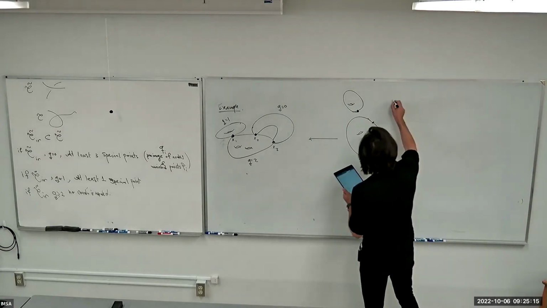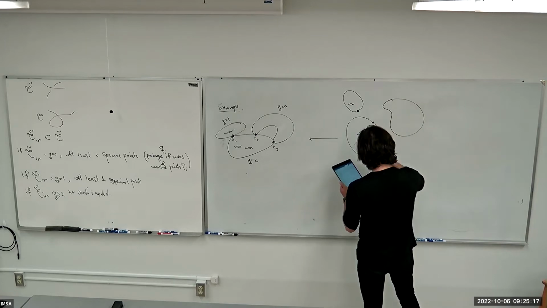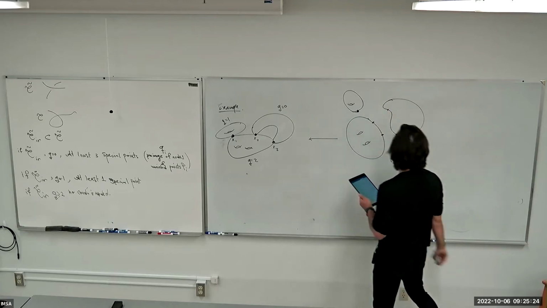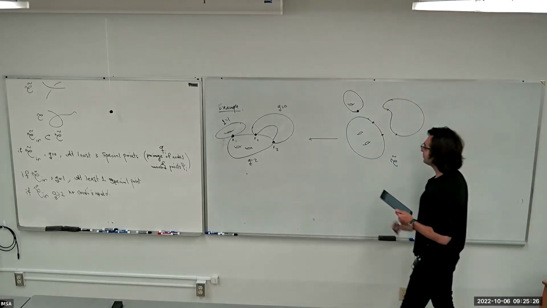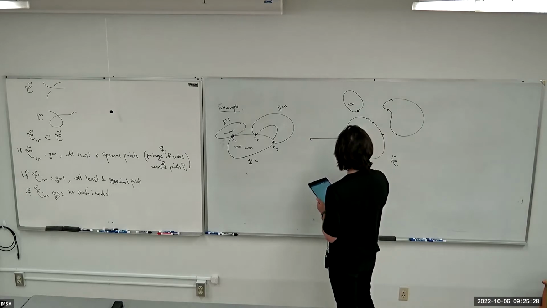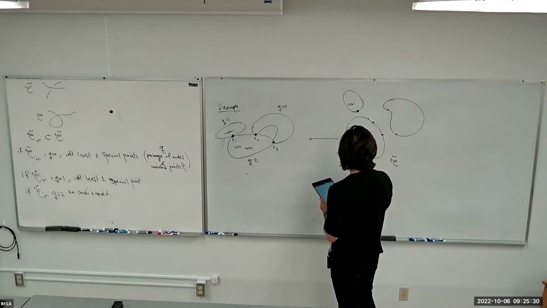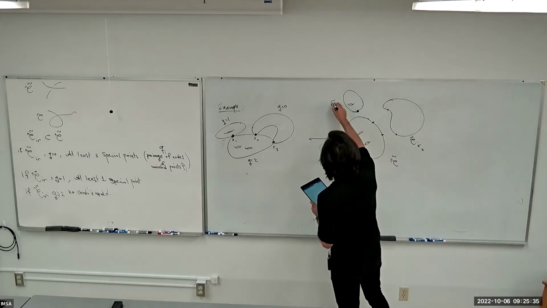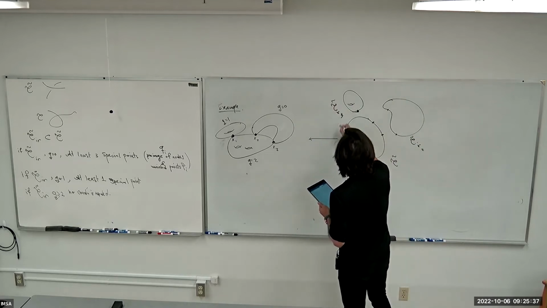And then you have this piece in here, which is the P1 component, which has 2 nodes. So this is what the C tilde looks like: irreducible component 1, irreducible component 2, irreducible component 3 of C tilde.